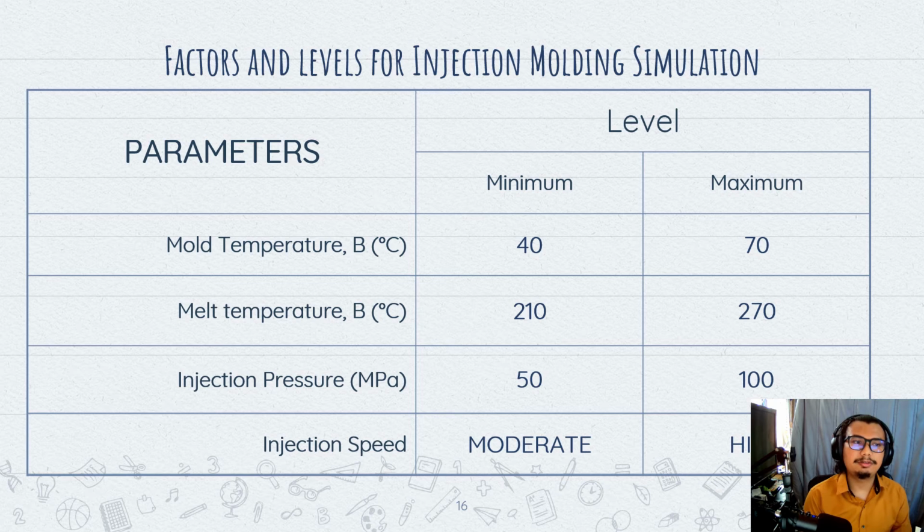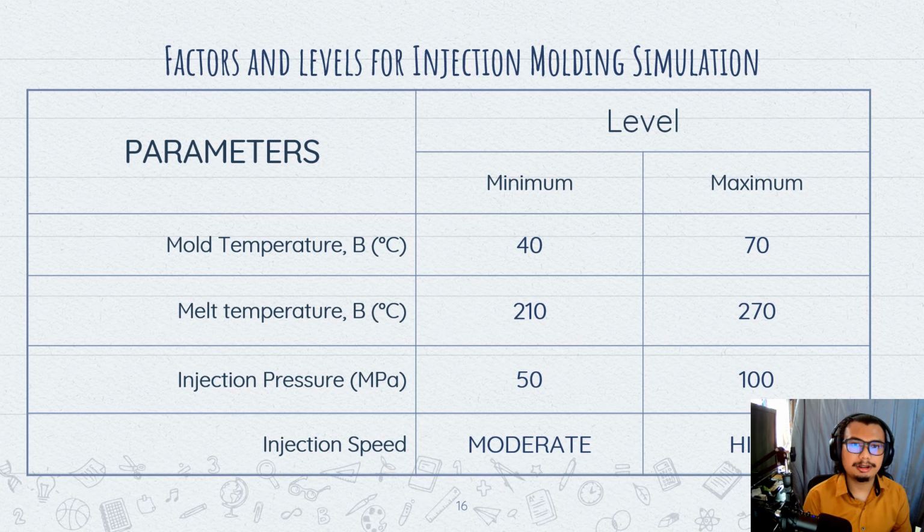Factors and levels for injection molding simulation. There are 4 parameters being used, which are mold temperature, melt temperature, injection pressure, and injection speed. There are 2 levels in each parameter, which are minimum and maximum. As we can see, for the mold temperature, the minimum level is 40 degrees Celsius and the maximum level is 70 degrees Celsius.